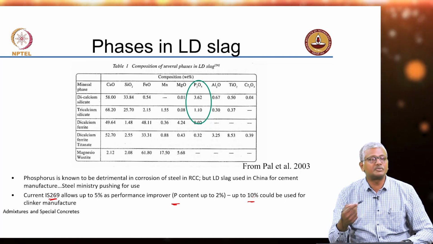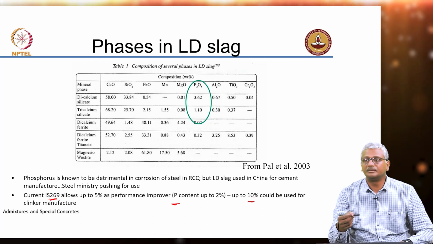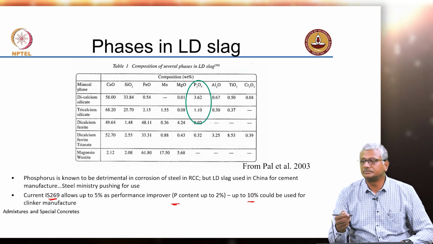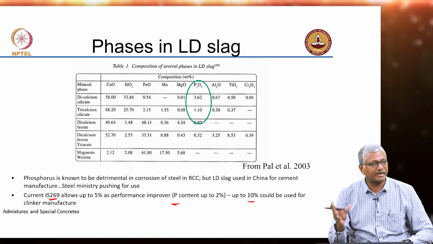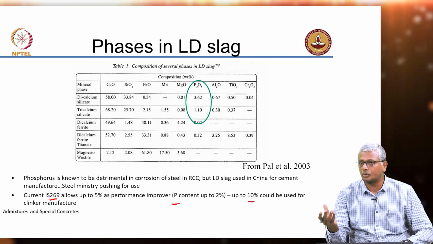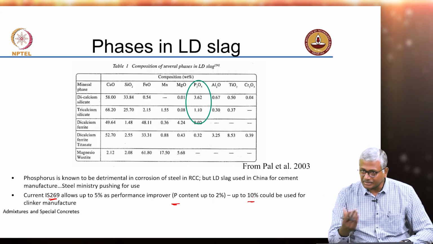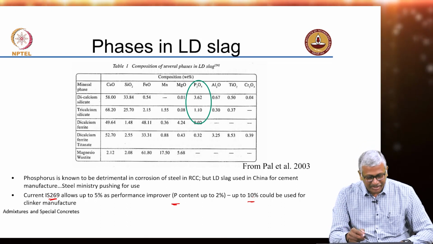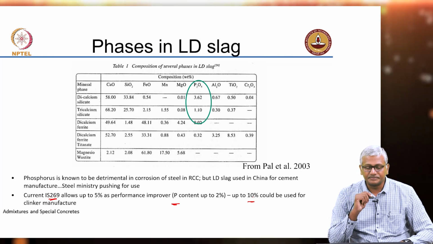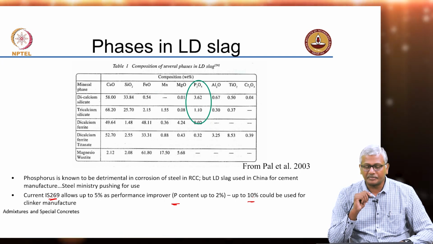And when is the performance improver added to the Portland cement? After the clinker formation, in the final grinding in the ball mill or vertical roller press, whatever it is, in that process the performance improver is added. So if you are adding this material as a performance improver, right, what is going to happen?